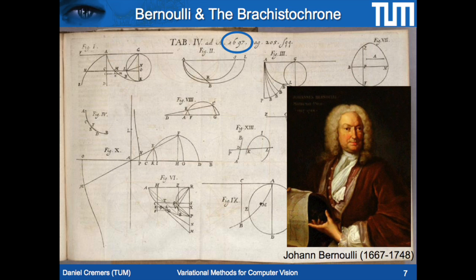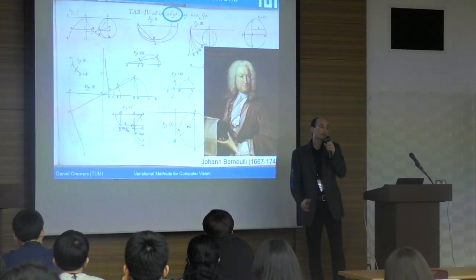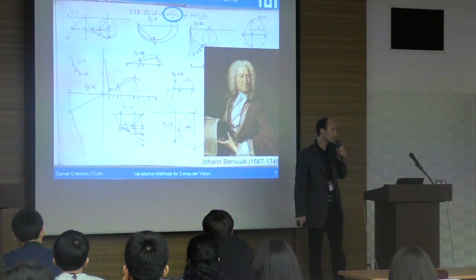First of all, the date is written here, 1697. So this, you could say, is maybe the origin of the variational methods, because this was one of the first non-trivial variational problems that was solved in the 17th century. That's how far back these techniques go.